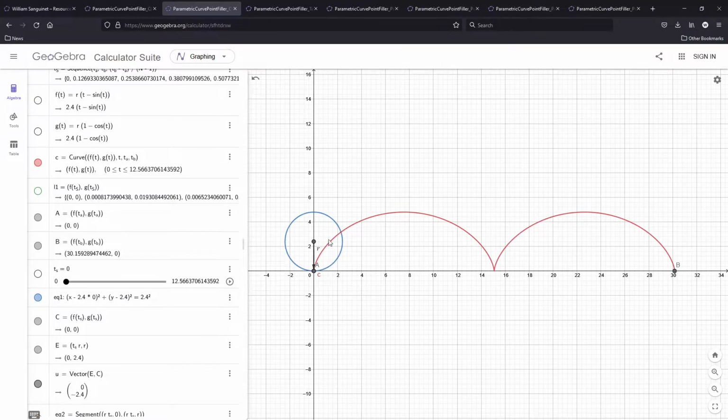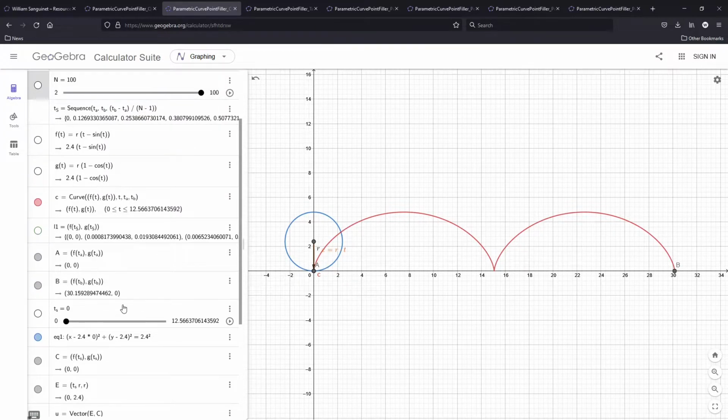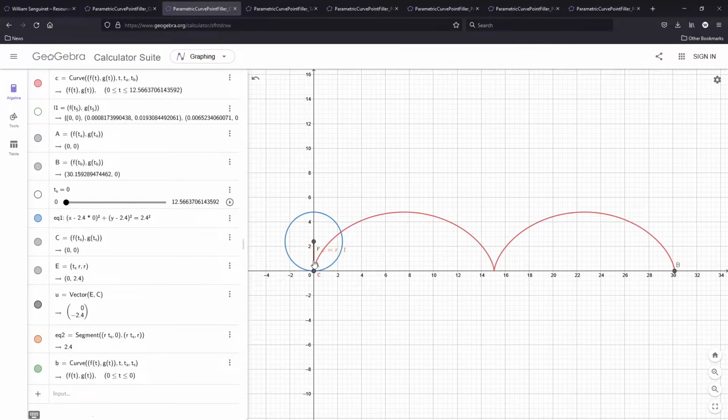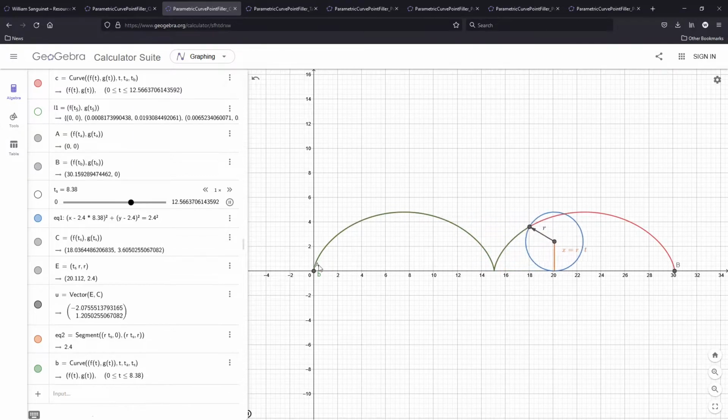So starting with this circle and tracking this point right here on the circle as the circle is rolled along the x-axis at a constant rate with respect to the parameter t. So you can think of t like time, and the radius of this circle being r, and as we roll this along the x-axis and track the point on the circle, the cycloid is exactly the curve that gets traced out.